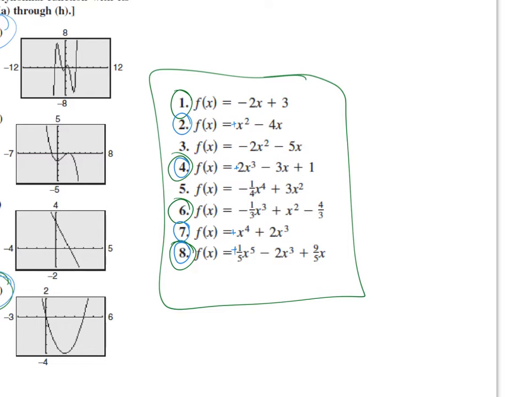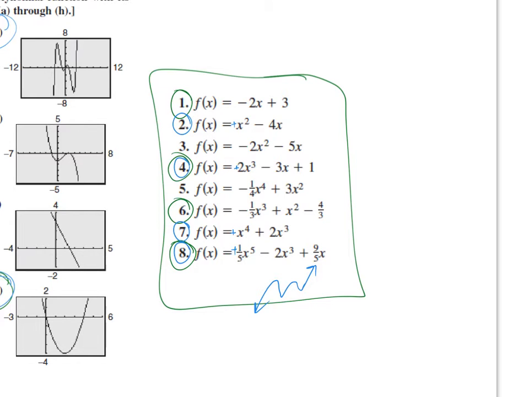Like number 8. It's an odd power and it's got a positive leading coefficient. So I know that on the right side it's going to go up, and on the left side it's going to do the opposite. So it's going to be down like that, and it's going to look something like this.